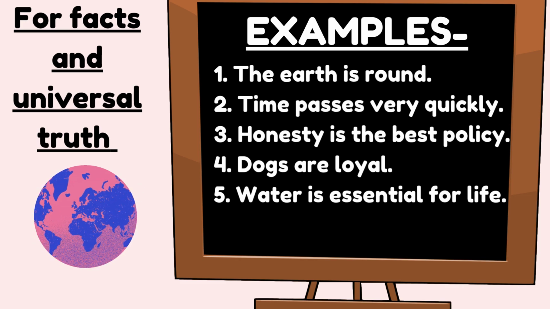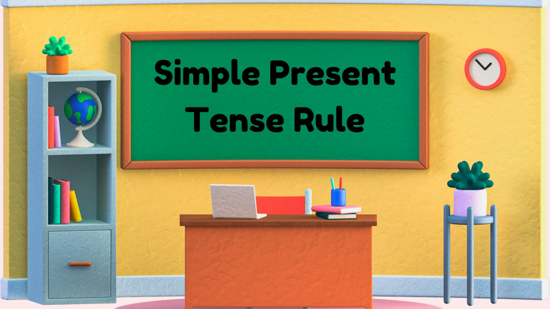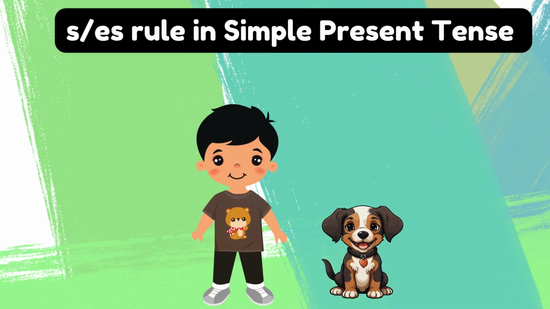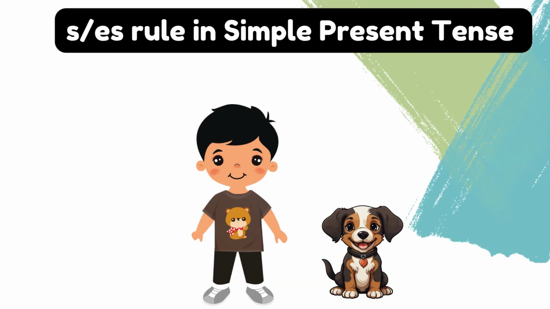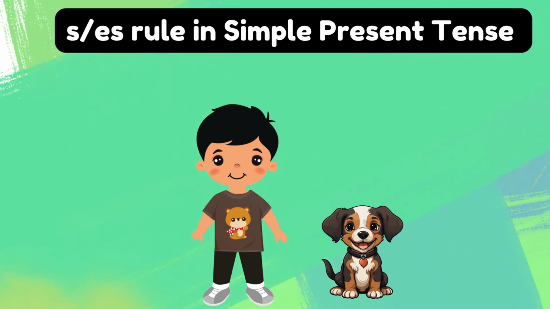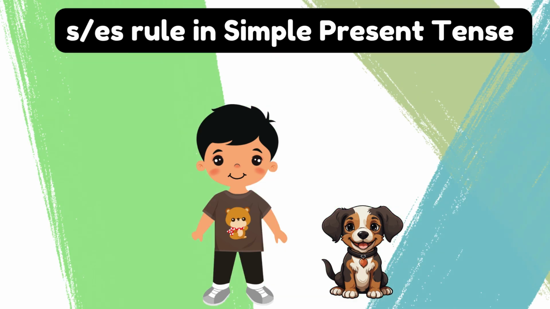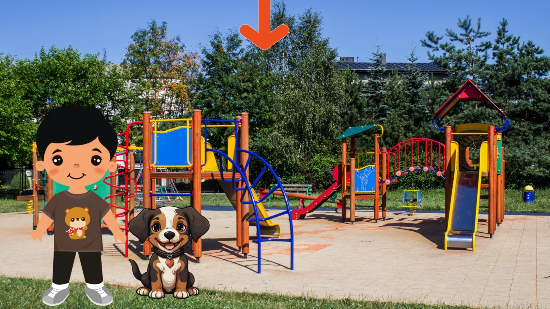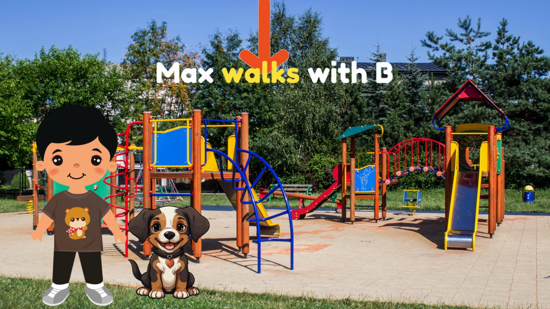Now let's recap the simple present tense rule again. The only important rule that differentiates other tenses from simple present tense is the use of S or ES in simple present tense with a singular subject, like "Max walks with Buddy in the park."